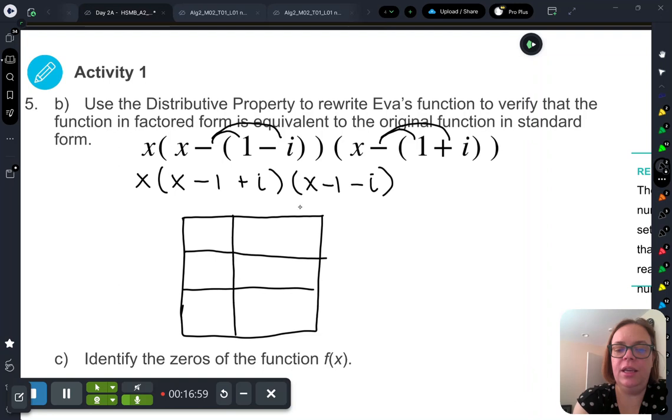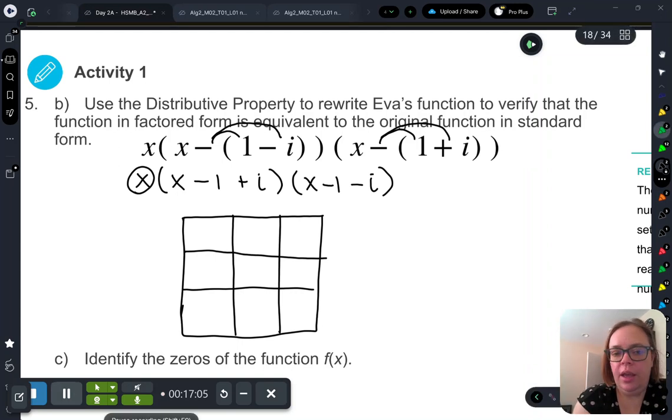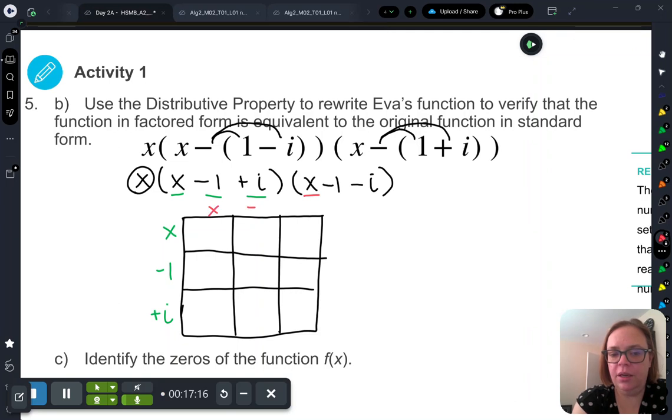And I'm going to ignore this x until the very end. Okay, so I'm going to do x minus 1 plus i, and then along the top, I'm going to do x minus 1 minus i.